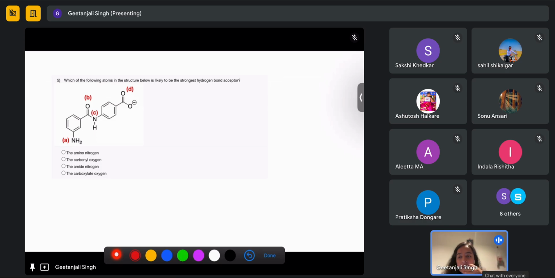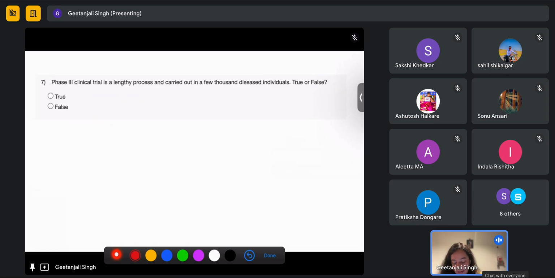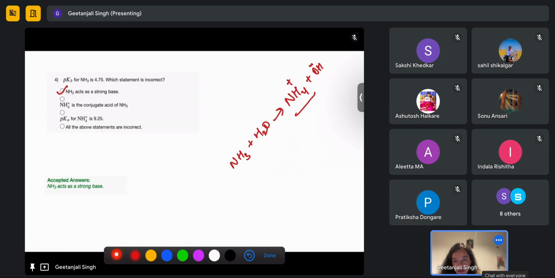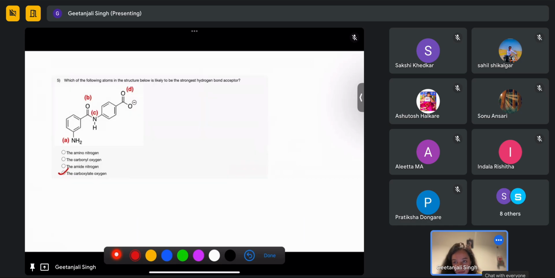In this case, there is a carboxylate ion with a negative charge. So obviously, D is the correct answer. It acts as a better hydrogen bond acceptor. Let's move on to the next question.